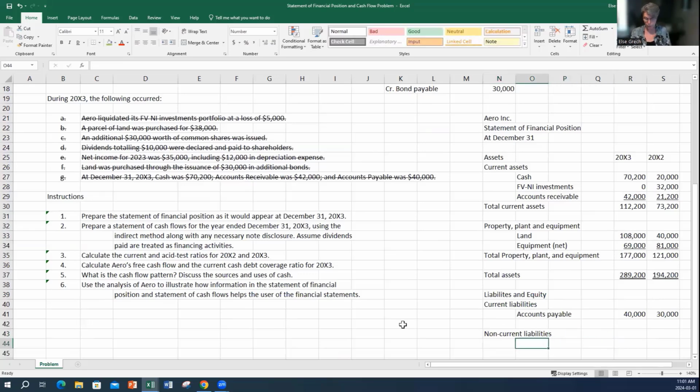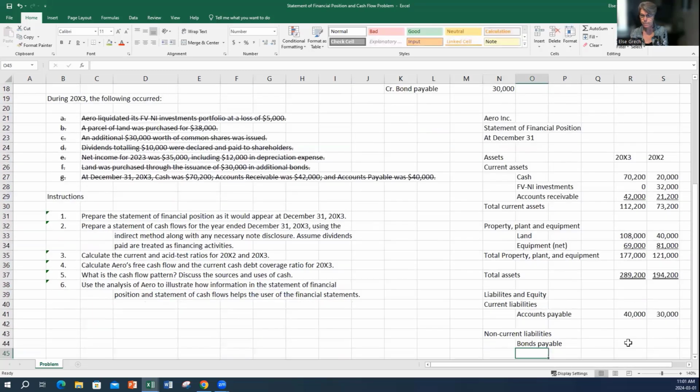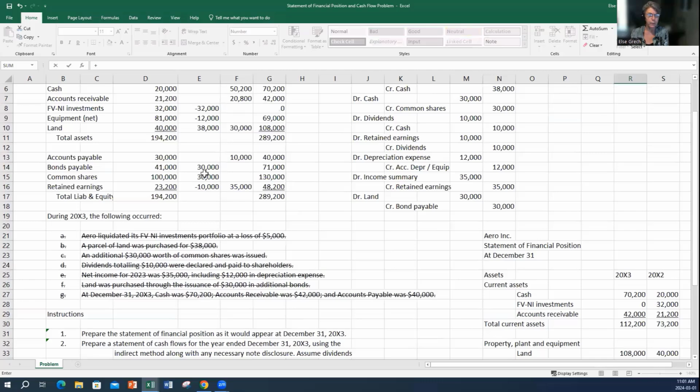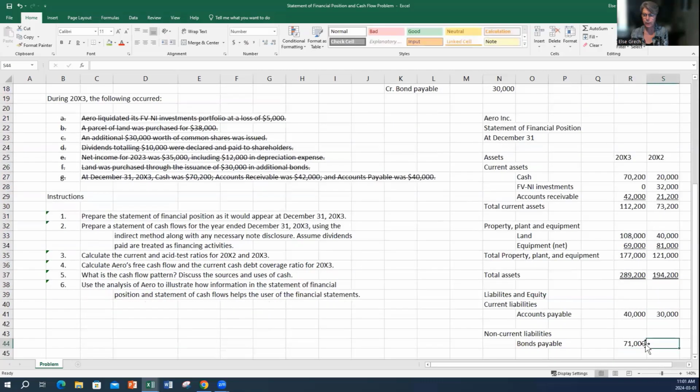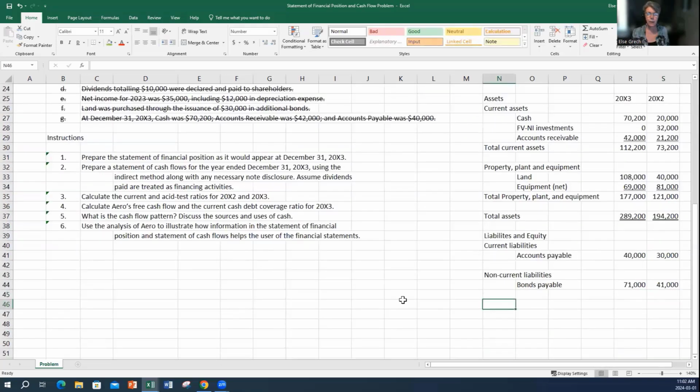And that is, of course, the bonds payable. And I've got the 71,000 and then the 41,000. Again, no subtotal necessary because there's only one account. I'm going to do total liabilities. There we go. Just going to put a single underline here.